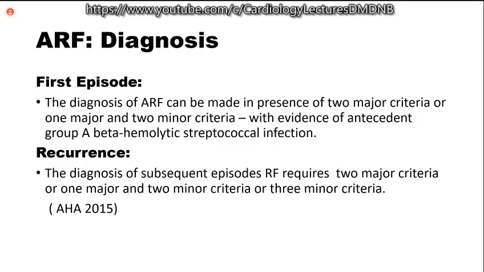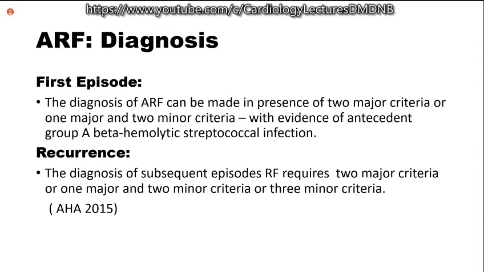For the first episode, the diagnosis of acute rheumatic fever can be made in the presence of two major criteria, or one major and two minor criteria, with evidence of antecedent group A beta hemolytic streptococcal infection, that all of you know. When it comes to recurrence, there is a minor difference. AHA has recommended that diagnosis of subsequent episodes of rheumatic fever requires two major criteria as in the initial episode, one major and two minor as in the initial episode, or three minor criteria.